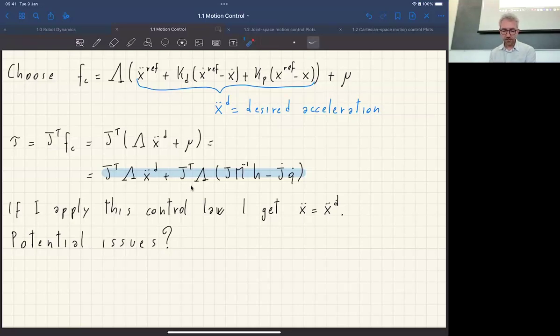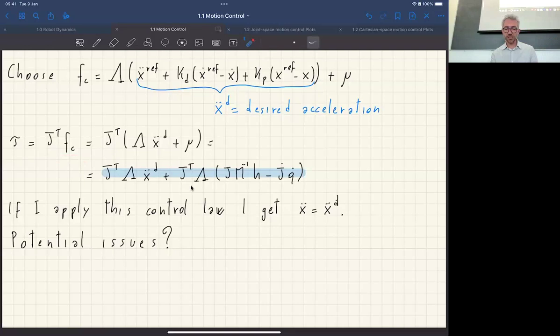To simplify a bit the notation in the following, I'm going to express this whole quantity, which is the reference acceleration plus the PD feedback, as x double dot d. That's basically my desired end effector acceleration. And now that I have my virtual control input defined, I have to map it back to my real control inputs, which are the joint torques. But that's very simple, because I assumed the joint torques to be equal to J transpose times this new virtual input FC.